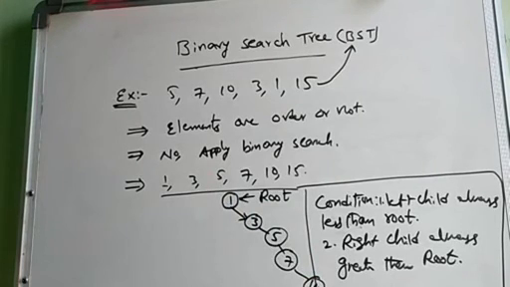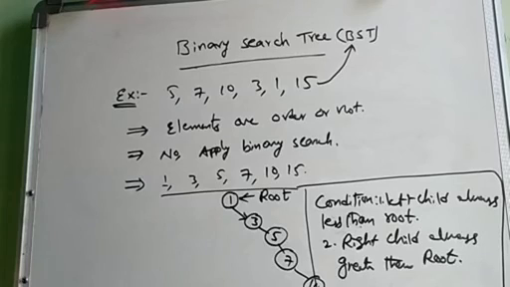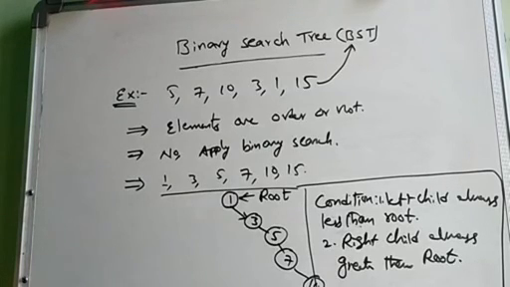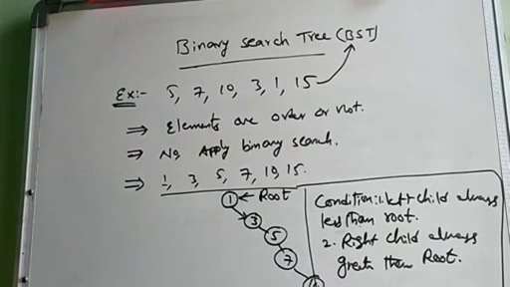We will also discuss the binary searching techniques, BFS and DFS, breadth first search and depth first search, for which I gave the lab programs. These topics will be discussed in the next class. After that, AVL trees, and finally B trees. Okay, thank you.